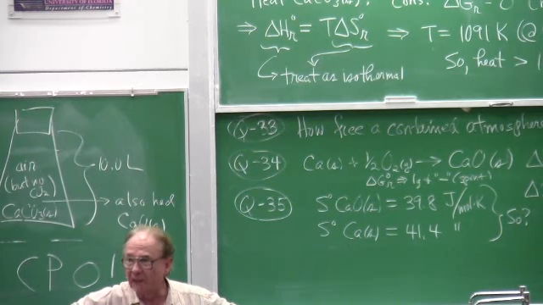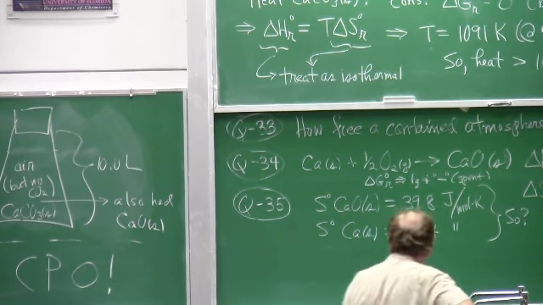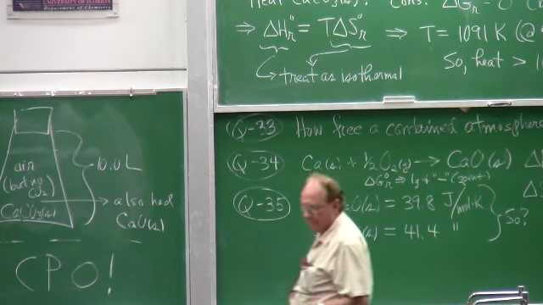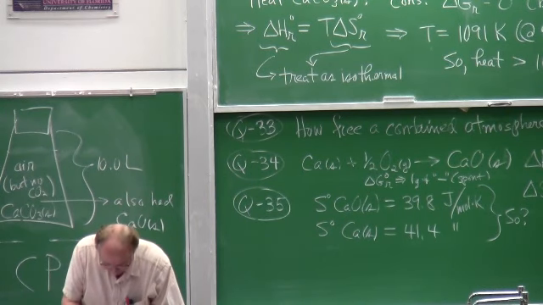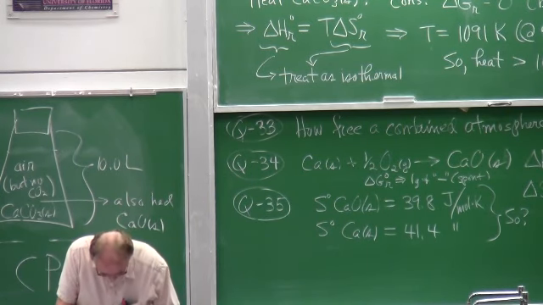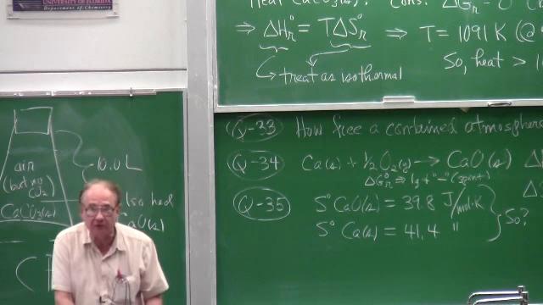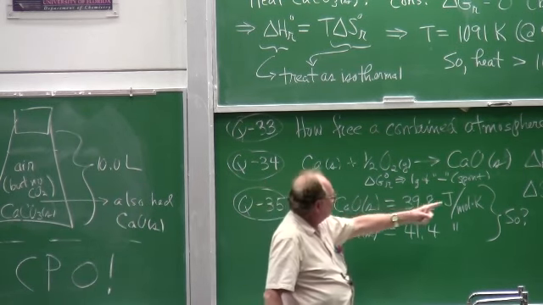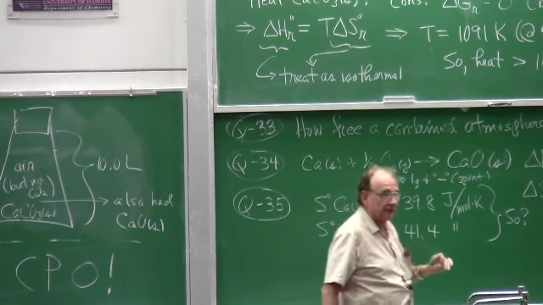Melting point. Melting point for this stuff is damn high. I think I wrote it down here. I don't know. Let me take a look. 2580 centigrade. Melting point of calcium solid is 842 centigrade. But 2580 for this stuff. Well, that's suggesting this lattice is a heck of a lot stronger than the lattice for calcium solid itself.